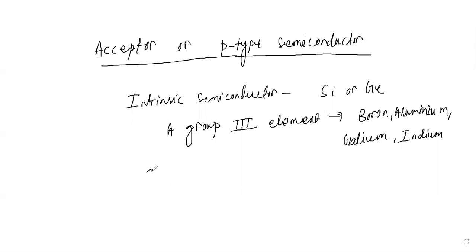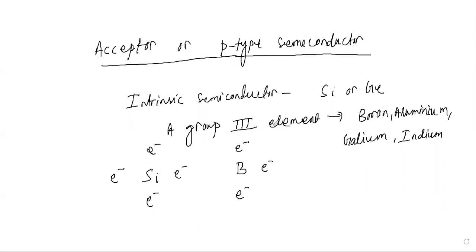Now silicon, like we said, is tetravalent, so you have 4 valence electrons in the outer orbit like this. Now if I add boron to it, which is trivalent, we will have 3 valence electrons here.